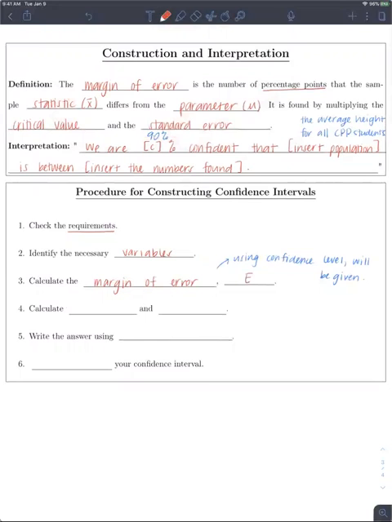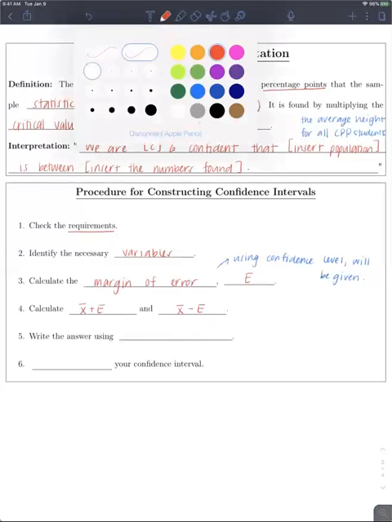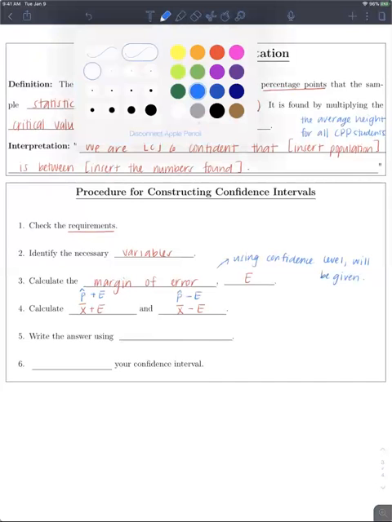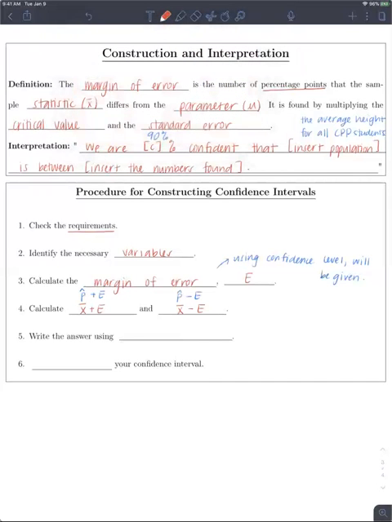So you're either going to calculate X bar plus E and X bar minus E, or if you're given P instead, you're going to do P hat plus E and P hat minus E. But either way, you're just going to have to find those two values.